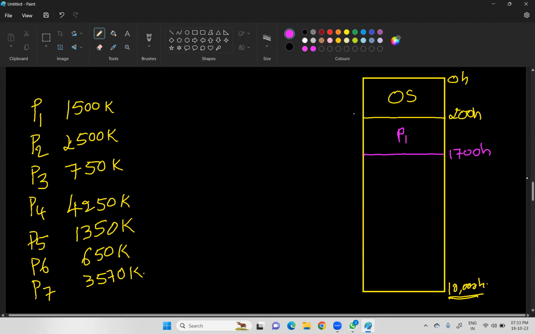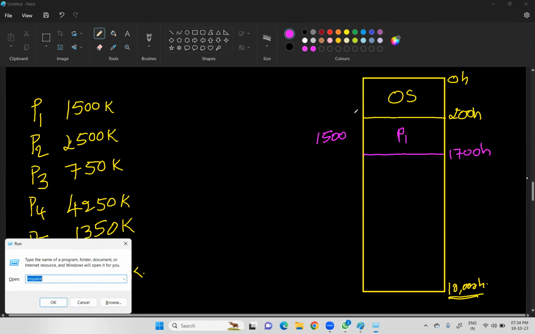It is being allocated, so the size of this one is 1500. Now 2500 must be allocated, so 4200 is the correct value.